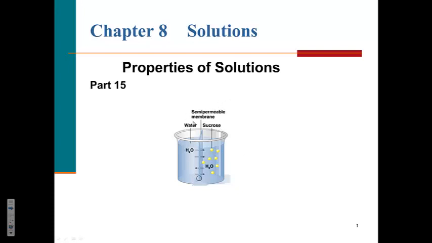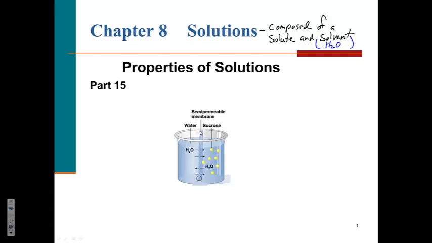To begin with, let's remember that solutions have two components. They're composed of a solute, the thing that is dissolved, and the solvent. Specifically for just this lecture, the solvent we'll be discussing is water.